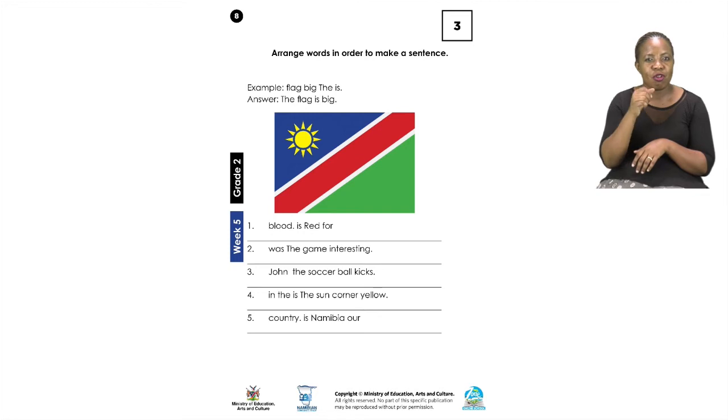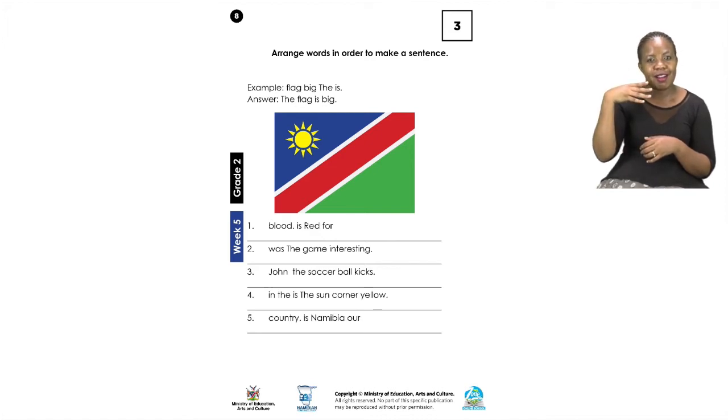So that is how we're going to start our sentence. We are going to say the yellow sun. Then we are going to put the word is. Now we have the yellow sun is.